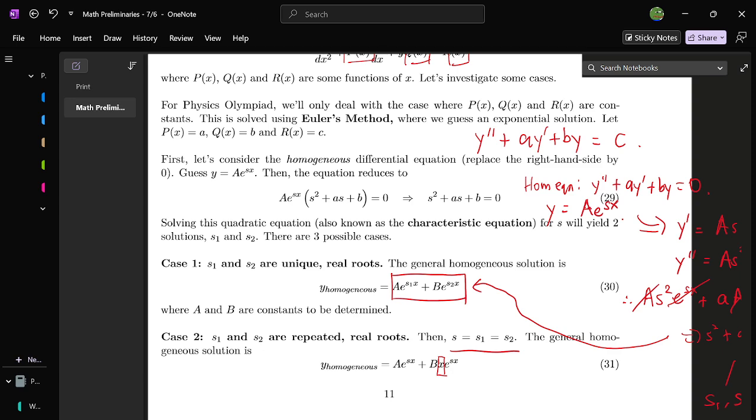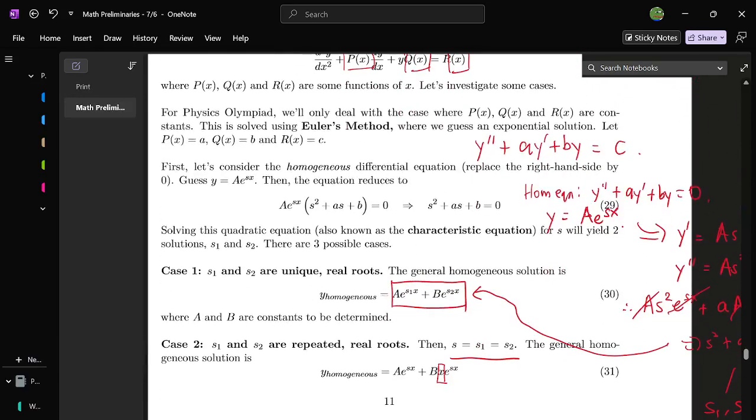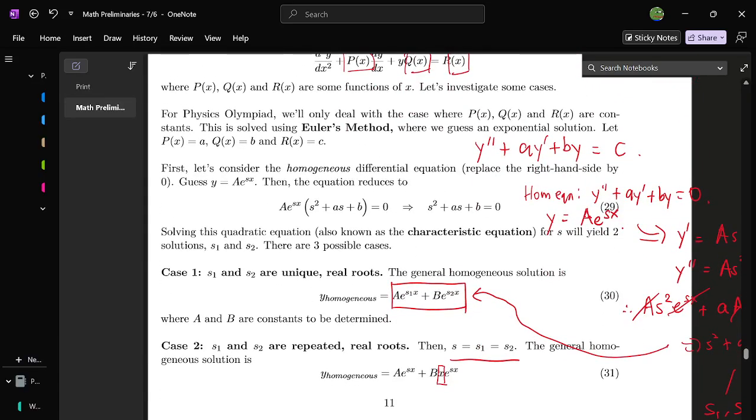But the reason for this is also a bit subtle, and it's included below, is what we call resonance. Now, you don't have to know how it arises. You just have to remember that if you ever have repeated roots in solving your quadratic equation there, then you have to remember to multiply by an x.